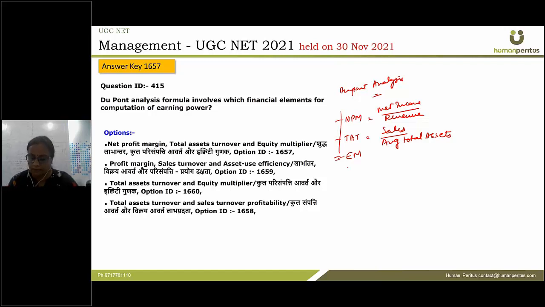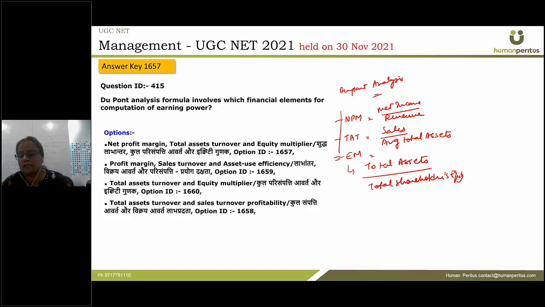Okay. And lastly, equity multiplier. How do we calculate this ratio? Total assets divided by total shareholder equity, right? So what does the equity multiplier indicate? It's basically a risk indicator. It indicates how much of the total assets of the firm are financed by shareholder equity.